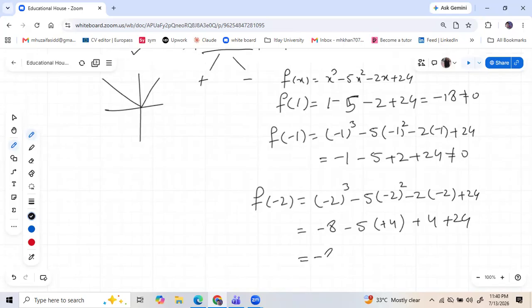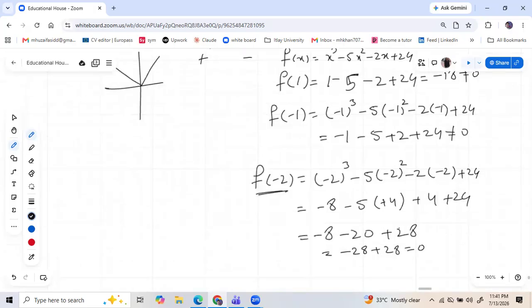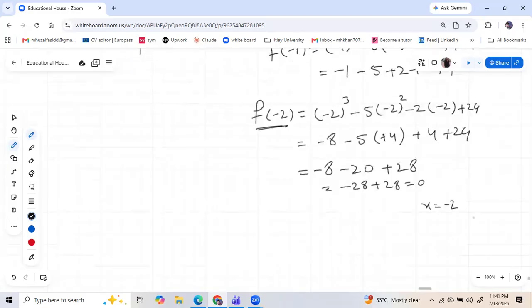So this is -8, this is -20, and this is plus 28. Check it here, -8 plus 28, so this is equal to 0. So what is our linear factor? Our linear factor is x equals -2, or in equation format, x plus 2 equals 0. This is the factor.